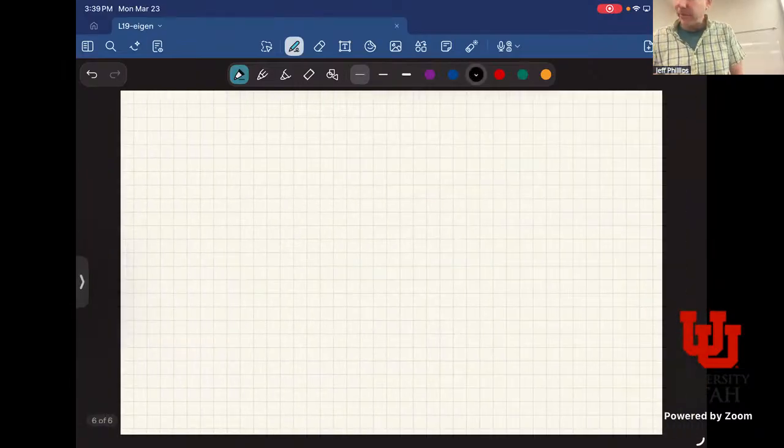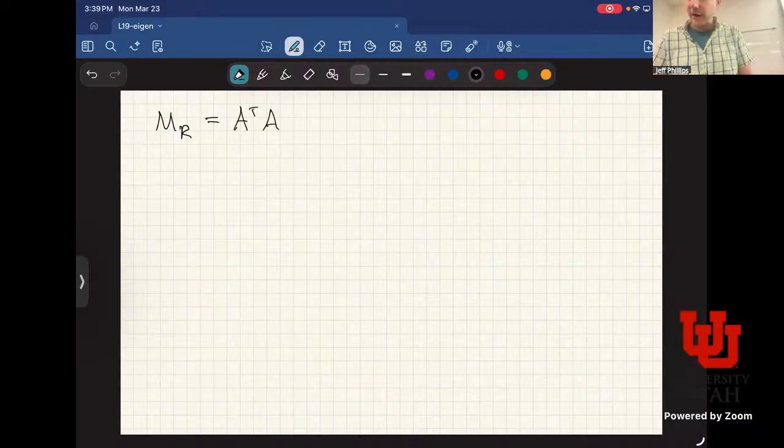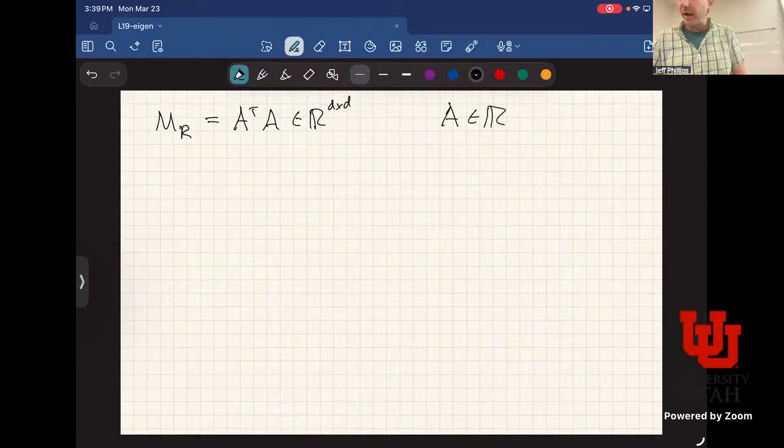We're going to get a matrix M, and I'm going to call this M R. We'll see why it makes sense to call it M R soon. It is A transpose A, right? This is going to be a matrix in R D by D, where my matrix A was my data matrix of size n times D.